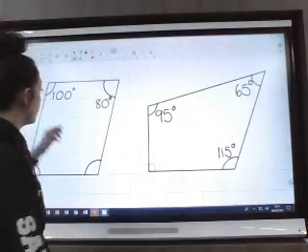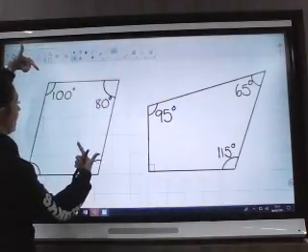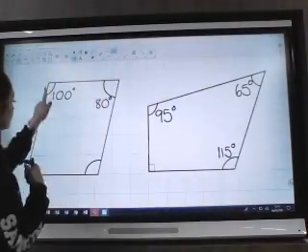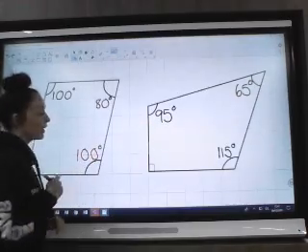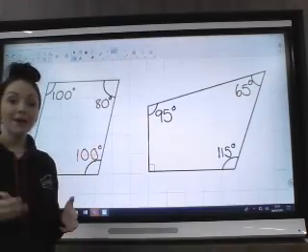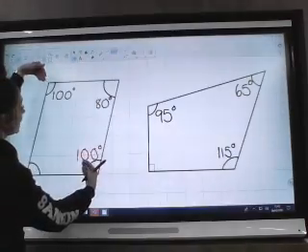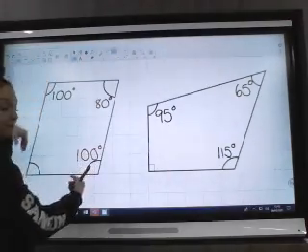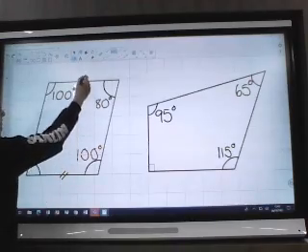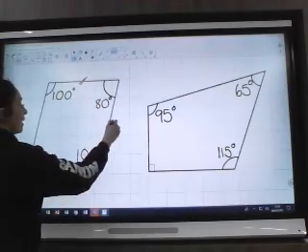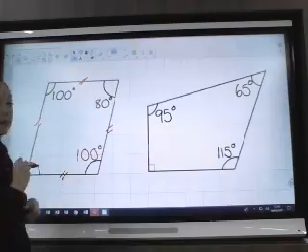Sometimes the angles are opposite and they are exactly the same. So this one is directly opposite this one. So we haven't got to do any working out. We just know it's opposite. They are the exact same size, okay? Because this one and this one are the same length, and this one and this one are the same length.